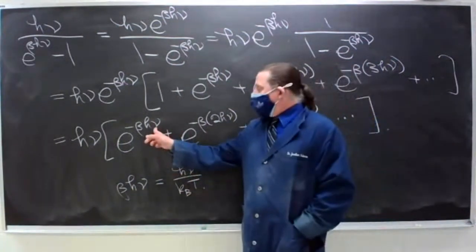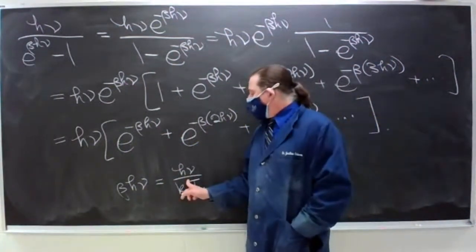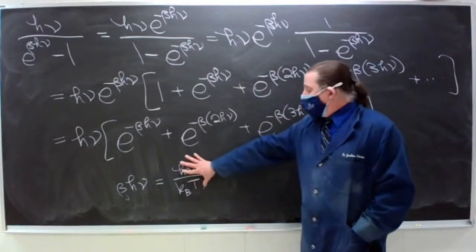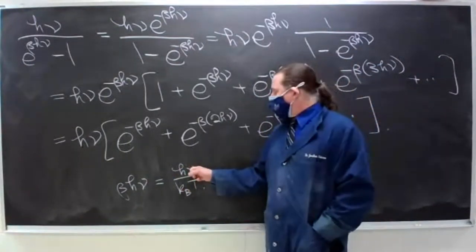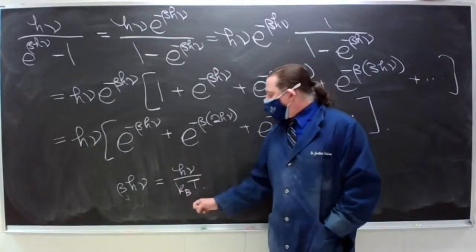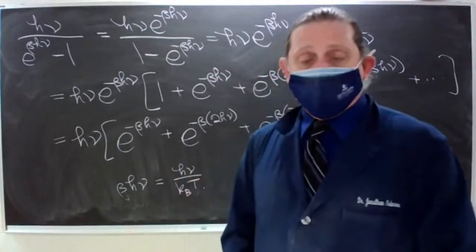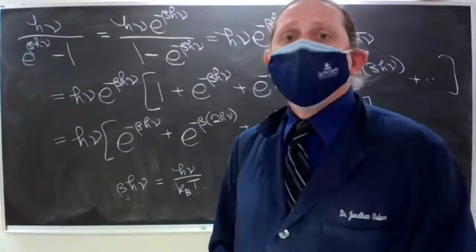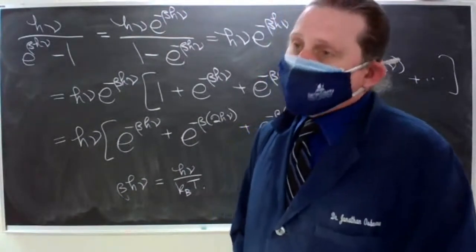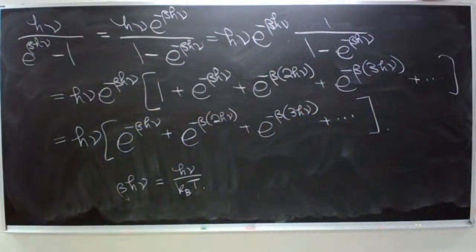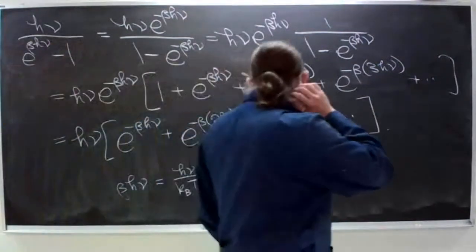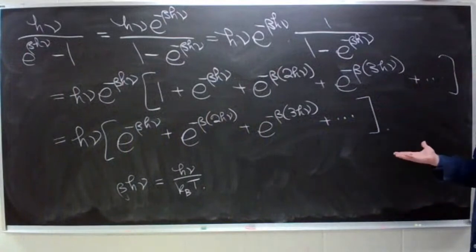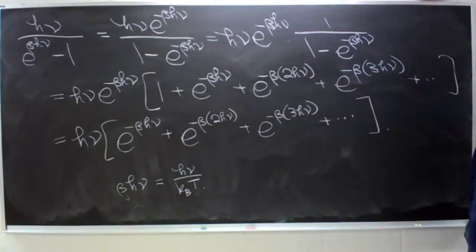When I say small frequency, I just mean that h nu divided by k Boltzmann T is small. So I'm comparing h nu to k Boltzmann T. If I look at colder and colder temperatures, light with lower and lower frequencies satisfies this argument. So we still have this concept of photons for all frequencies.